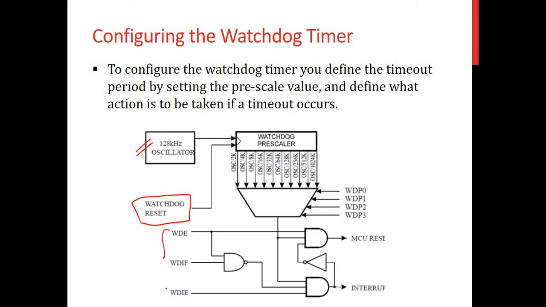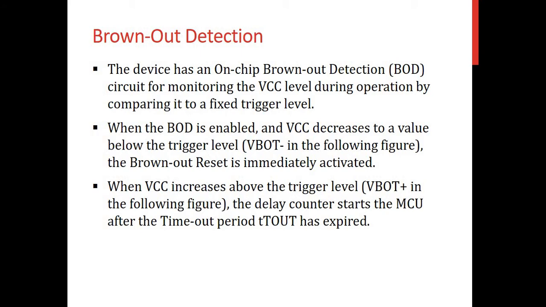Again, these are additional bits. We do not need to worry about it, but as we have studied before, these are bits to enable the watchdog and enable the interrupts, if you want to use them. So the watchdog timer is to detect this situation where your CPU could potentially be in a hung state.